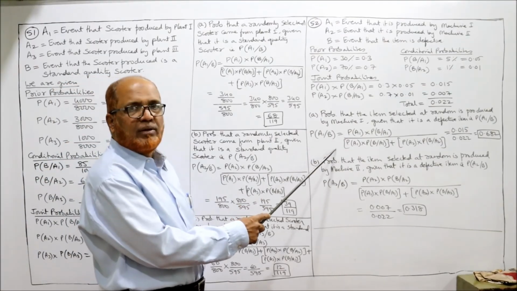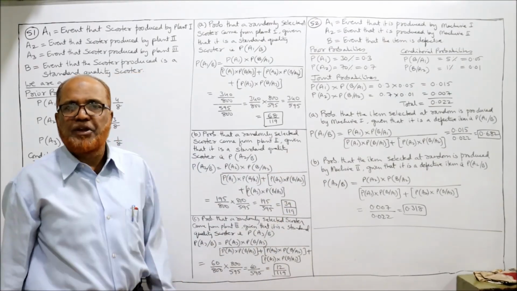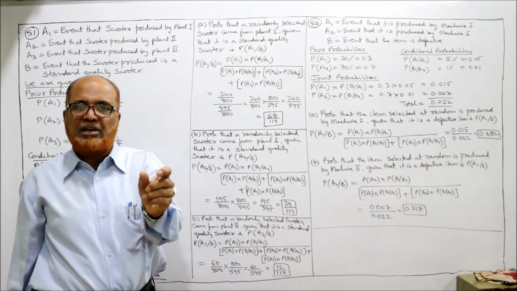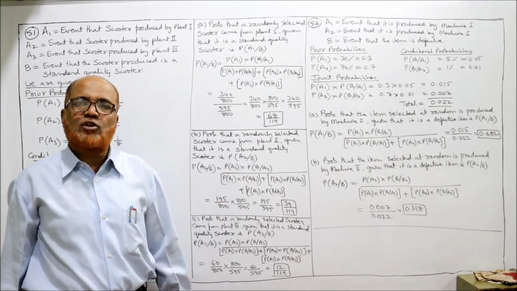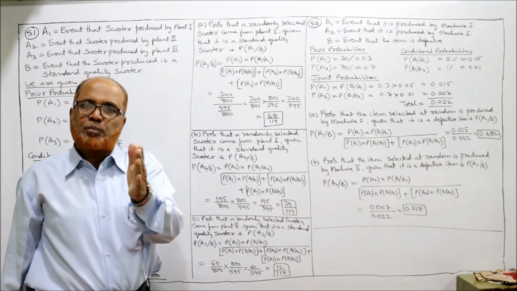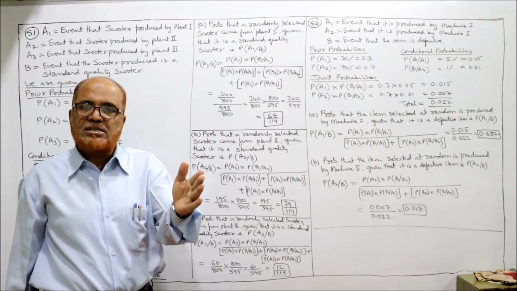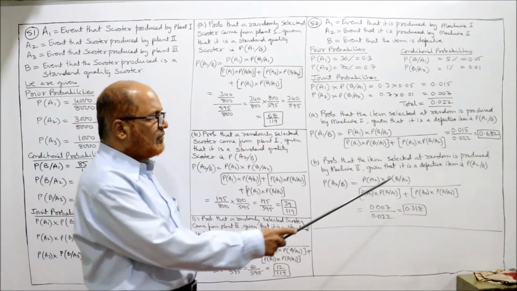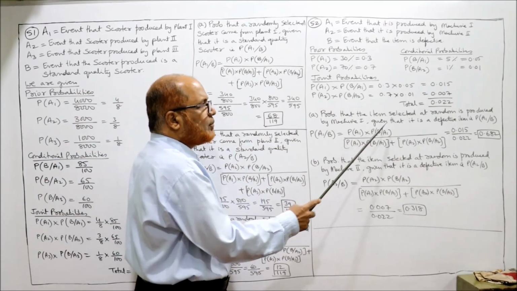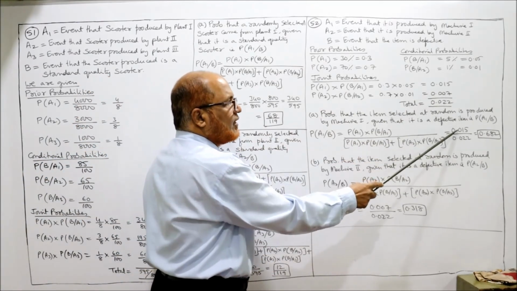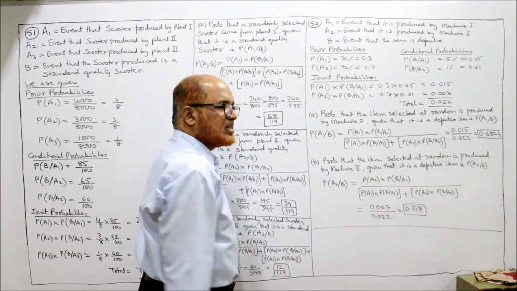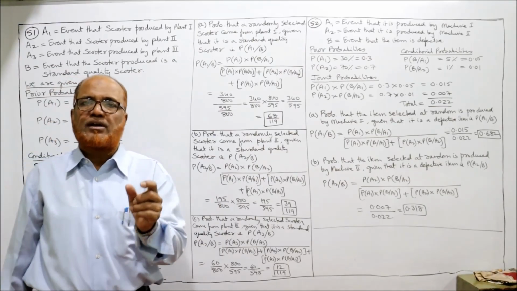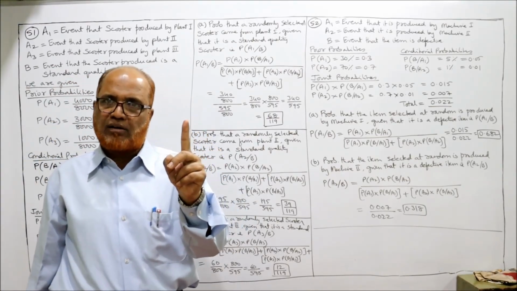P of A1 given B is equal to numerator same, P of A1 into P of B given A1. ये joint probability है. Denominator में sum of the joint probability. P of A1 into P of B given A1 plus P of A2 into P of B given A2. So what is the joint probability? 0.015. Divide by total of joint probability 0.022. Divide कर दो 0.682. So 0.682 is the probability that the unit is produced by machine 1 given that it is defective.